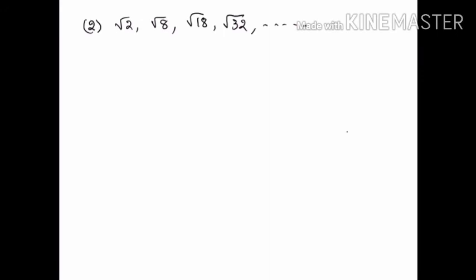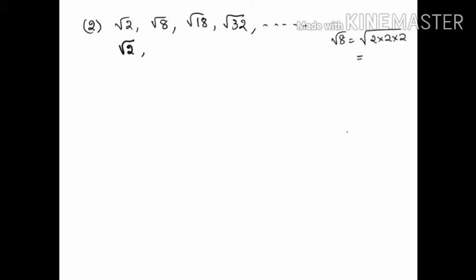In the second question, we have a list of irrational numbers. In order to find whether this list is an AP, we will have to simplify each term. So root 2 is already in its simplest form. Now root 8 is root of 2 into 2 into 2.